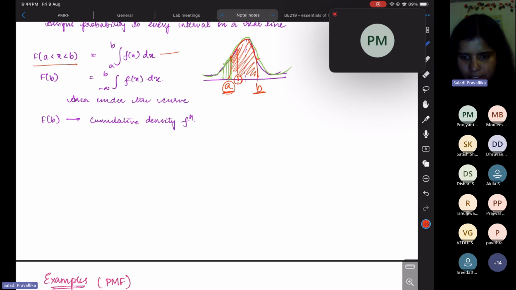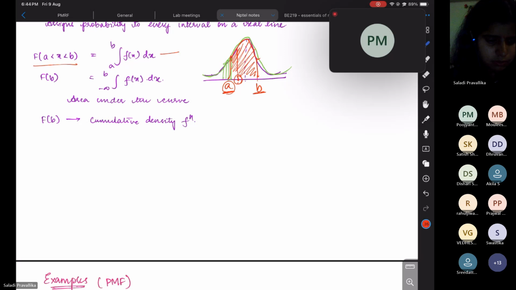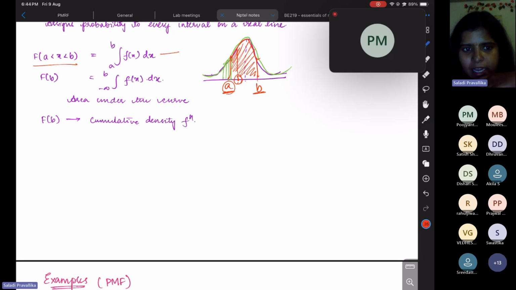How many of you don't know integrations here? Can you react to the poll?